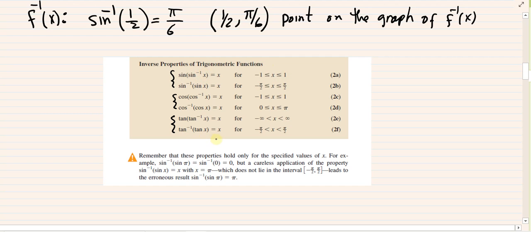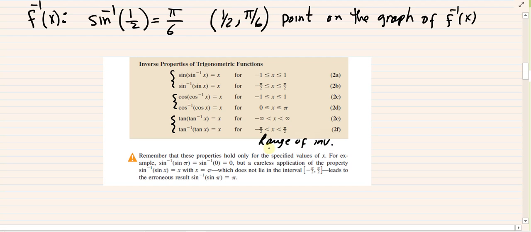So in the case of, let's say, right in here, this identity holds: tan inverse of tan x equals x, provided that x is from negative pi over 2 to pi over 2. That's in the domain of the inside function. Or the same thing, this is the range of the inverse.